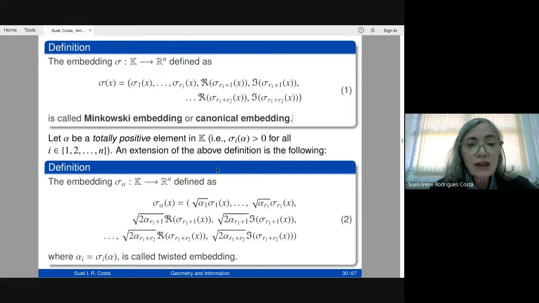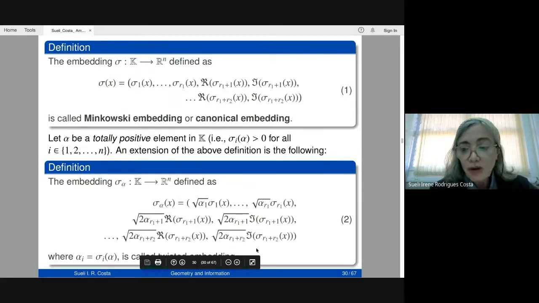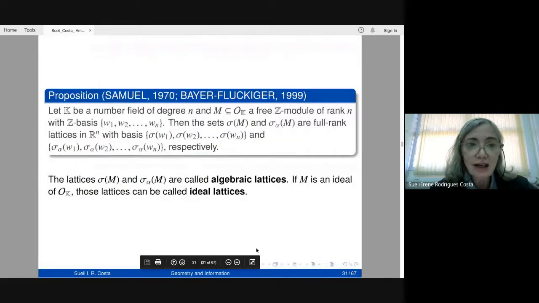We can also consider some variation of this embedding, which considers some totally positive element from K. With this definition, for totally positive, this alpha is positive under any of those homomorphisms. We can modify this in order to obtain another embedding. Both embeddings can provide lattices, right?